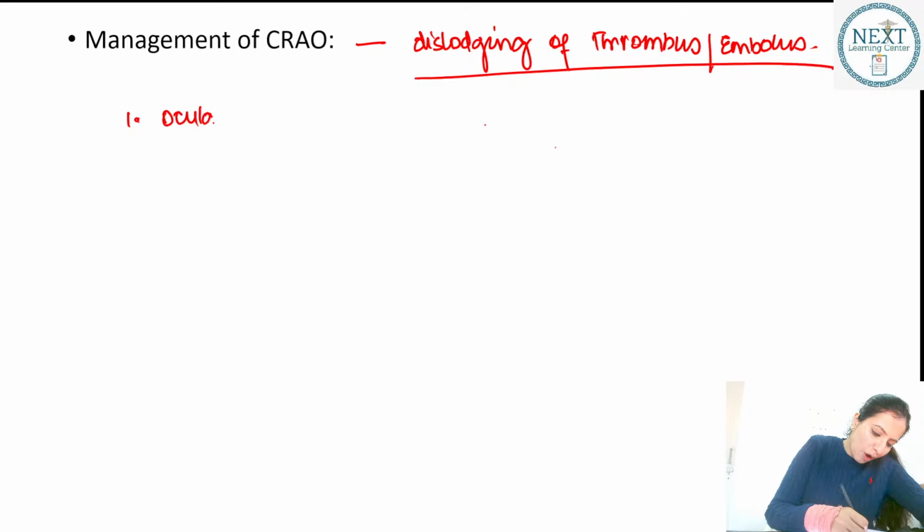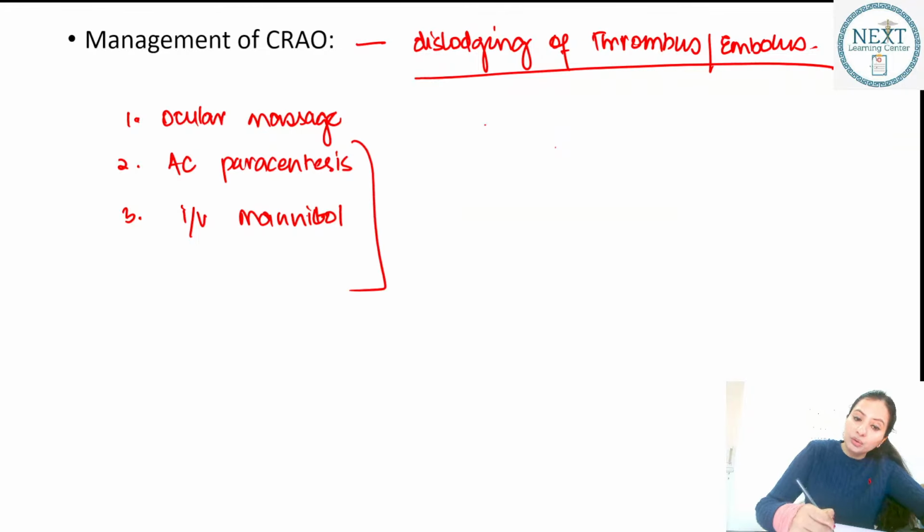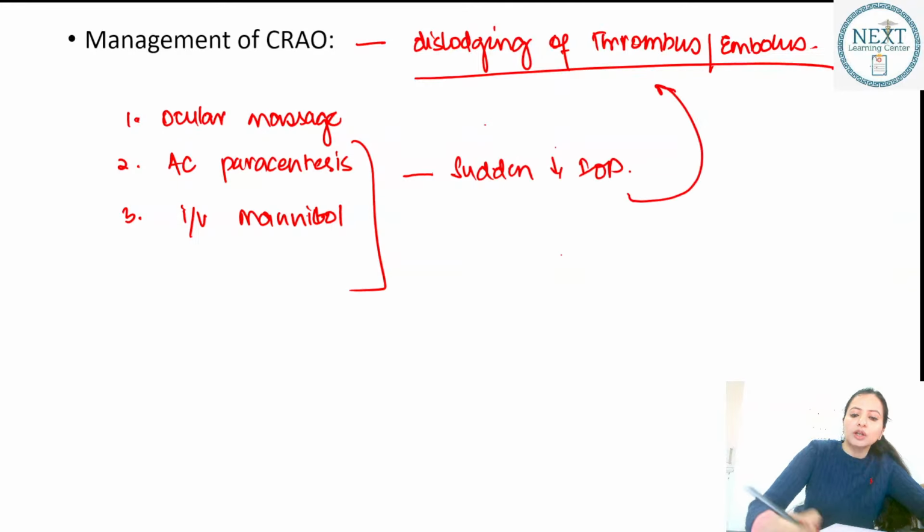Either by doing ocular massage, by doing anterior chamber paracentesis, or by giving IV mannitol. What will anterior chamber paracentesis and IV mannitol do? They will lead to a sudden decrease in the intraocular pressure, which will automatically dislodge the thrombus.